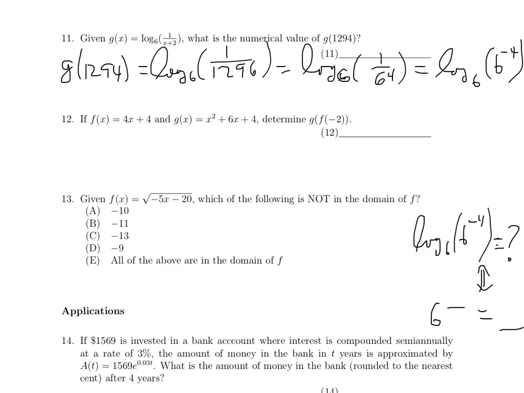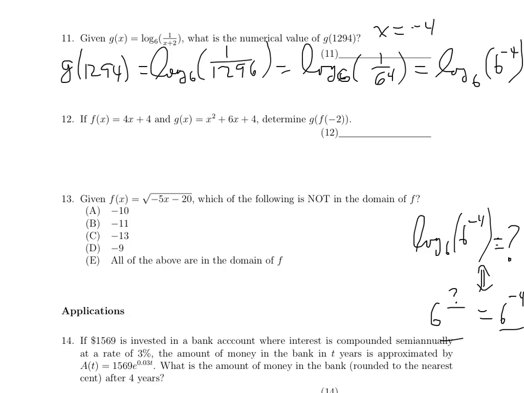And so the input into the exponential should be this mystery number, and the output should be 6 to the minus 4th. In other words, the thing that's inside the logarithm. Well, if you look at it in that form, then it's pretty clear that the mystery number is negative 4. If 6 to some mystery power is the same as 6 to the minus 4, then the mystery number must be minus 4. And so that's actually the answer.